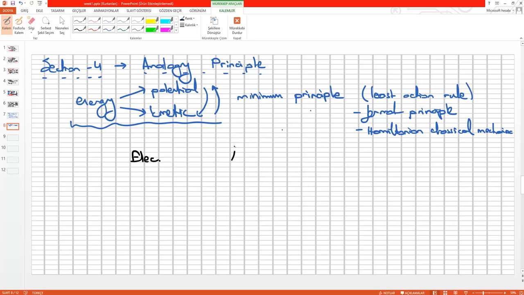Electrical notation or the mechanical notation or the hydraulic notation. Okay? And so we have two definitions in here. We have the across variable or the difference variable.